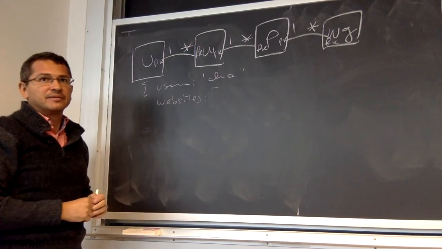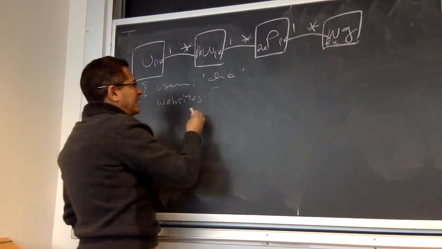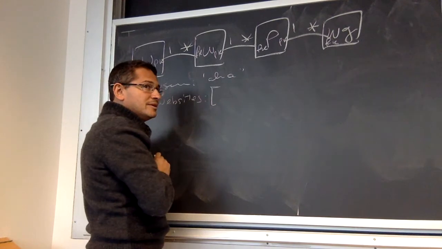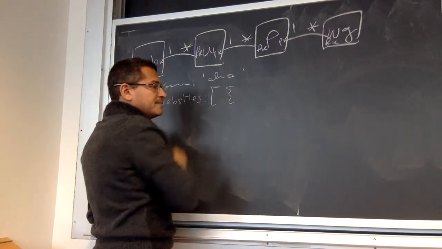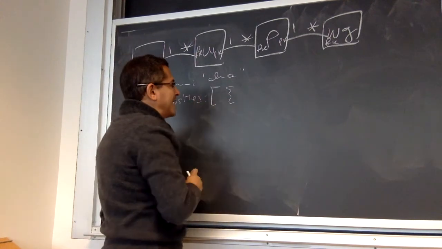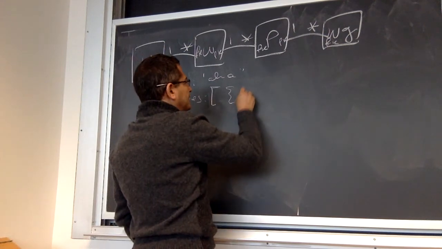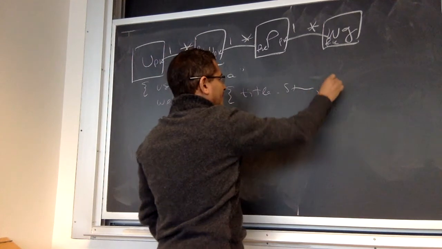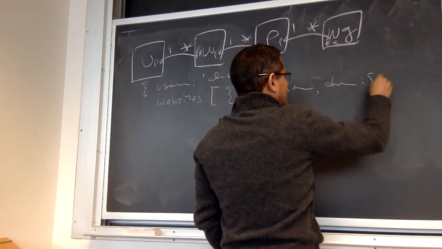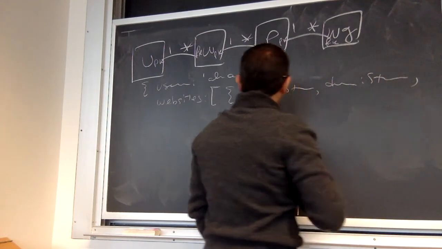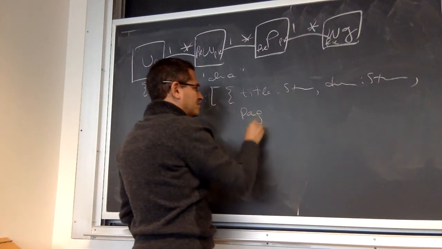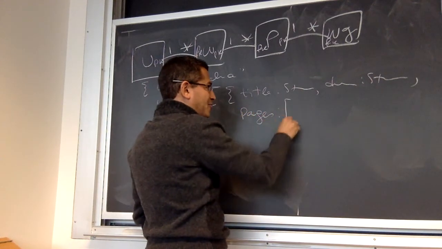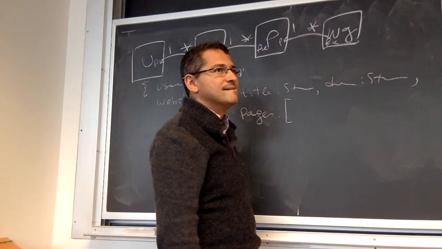denormalized schema, right? So what you can tell it is that, hey, this is an array. This is an array of objects that have the following attributes: title, string, description, string, pages is an array, right?